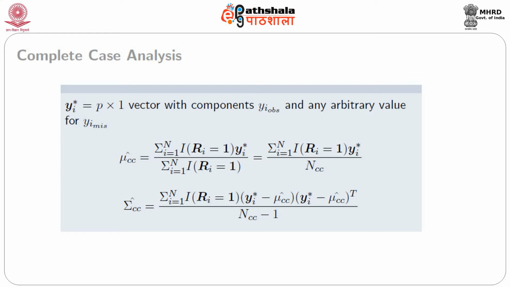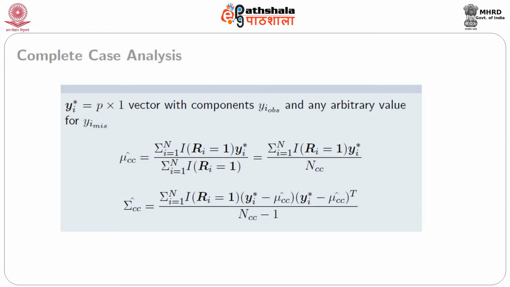Now, an estimate of the population mean mu is mu hat CC, which is equal to the sum over i from 1 to n of the indicator of Ri equal to 1 times yi star, divided by the sum over i from 1 to n of the indicator of Ri equal to 1. Here yi star is the p cross 1 vector with components yi observed and any arbitrary value for yi miss.